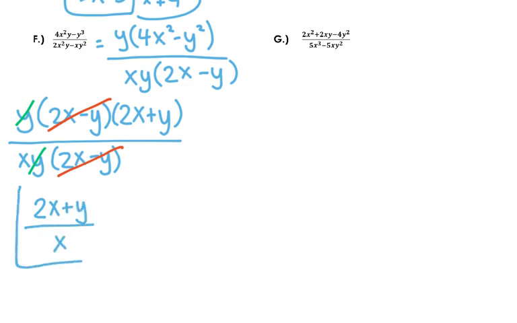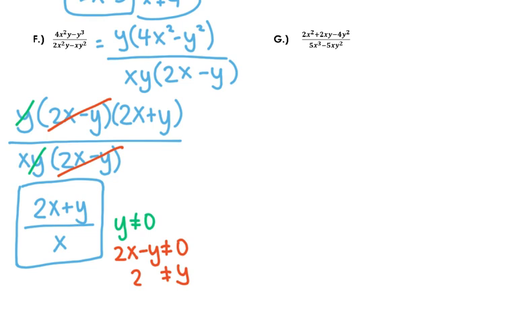So this would be my expression in simplified form, but I do want to remember that y is not allowed to equal 0, and I also want to remember that 2x minus y is not allowed to equal 0. If you wanted to solve this one, you could add y to both sides, and I'd realize that y is not allowed to equal 2x. So these are your two restrictions that you want to include.